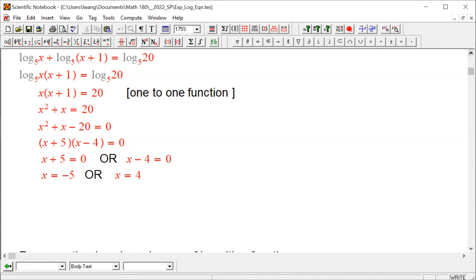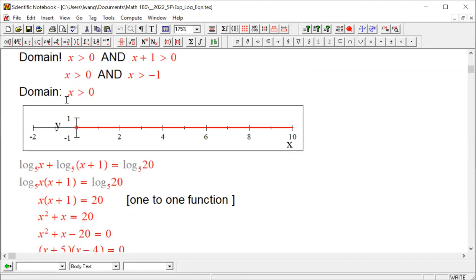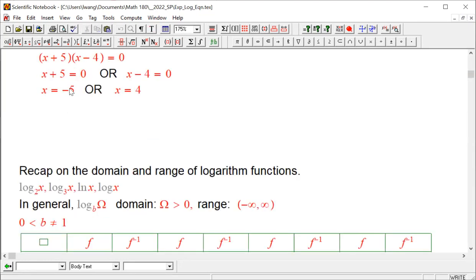And this is the time we have to check if each one of these two numbers is in the domain. That's the first check, so we're going to do the domain check.